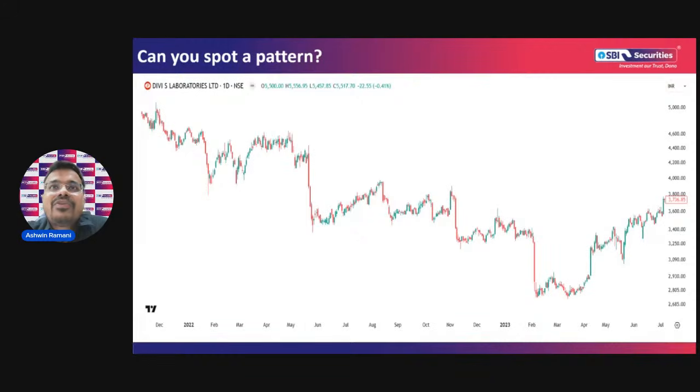Let's see how many of you all can take a guess. This can be a little complex. Let's see how many of you all. See, there are no right answers because you can spot multiple patterns in a chart here. So let's see how many patterns can you spot in this chart.